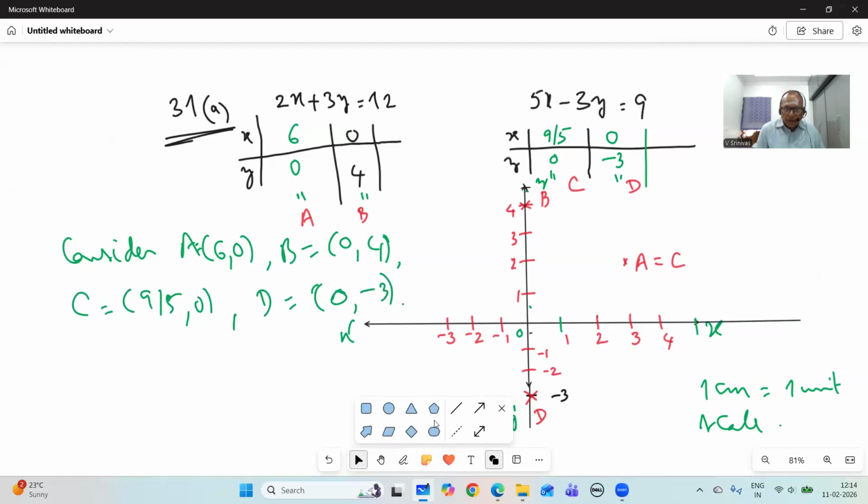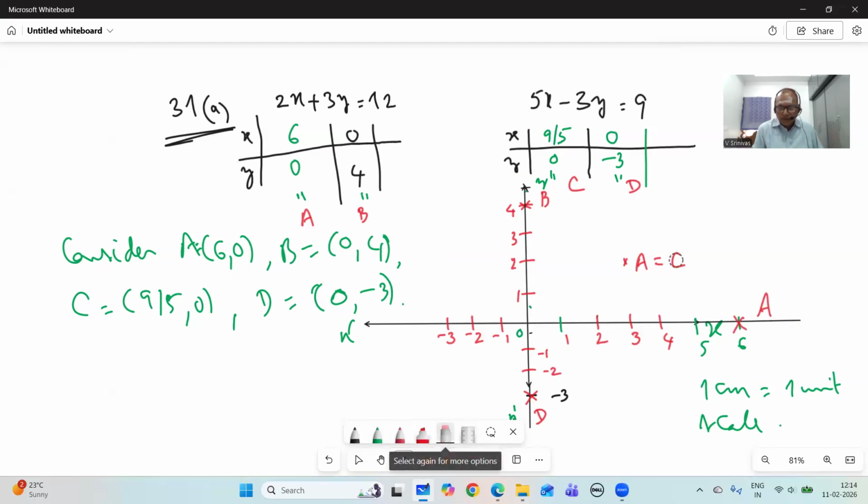I have extended it and then mark 6 here. This is 6. This is 5. This is 6. Right? You need 6 comma 0. Means that on the x-axis, the y coordinate is 0. So this point here will be on x-axis. The required point will be this. This is capital A.